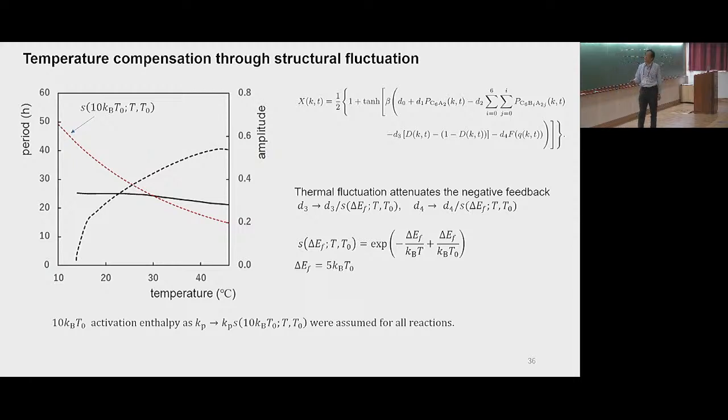Without this assumption, the system shows the period like this. But with this assumption, the system shows temperature compensation. I mean that accelerated oscillations are compensated by the weakening of the negative feedback coupling. That elongates the period to compensate the accelerated oscillation tendency.